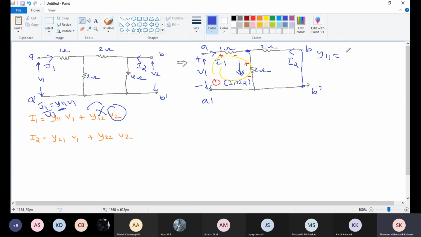I got Y11 equal to 1 by 2, then V2 equal to 0. Now similarly, substitute the value of I1 in terms of I2 in equation 2.